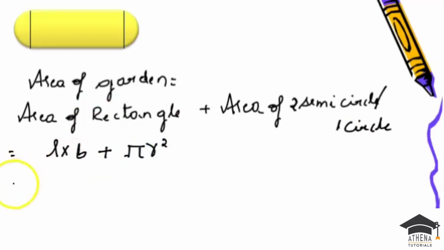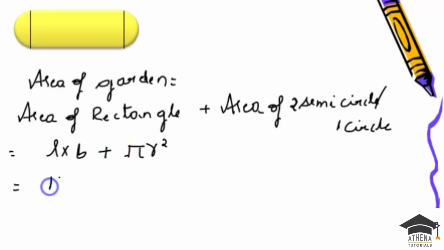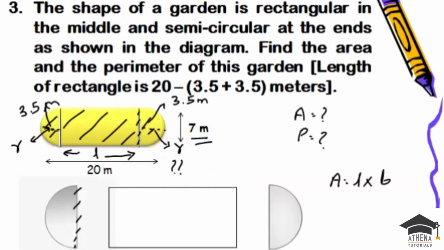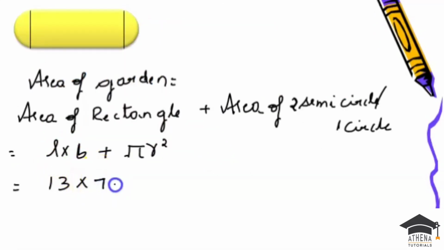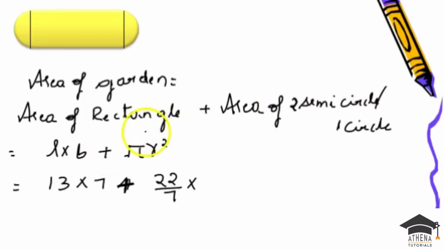Let's substitute the value. So we got to know that length is 13 meters and breadth is 7, which is already given. So plus, this is plus. So what is pi? 22 by 7 into radius, got to know that is 3.5 meters. 3.5 into 3.5.